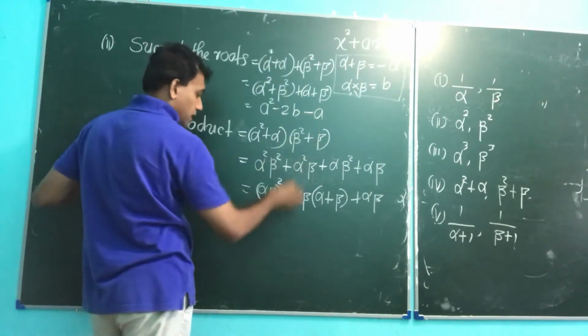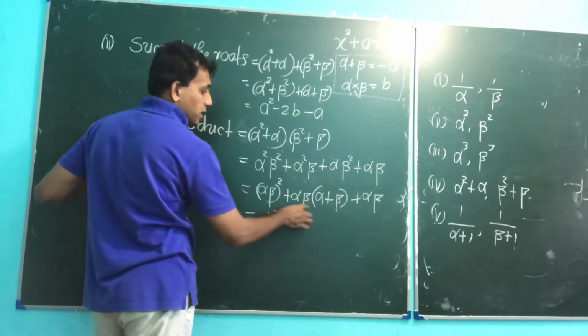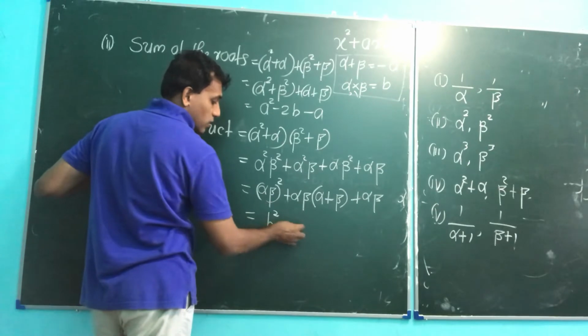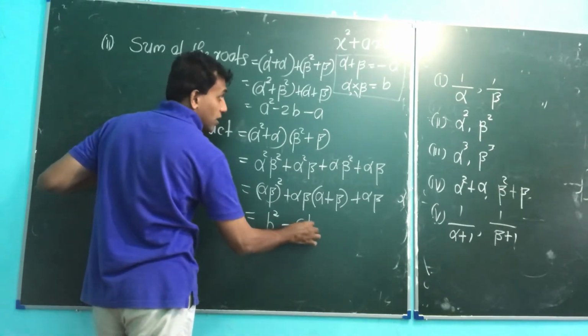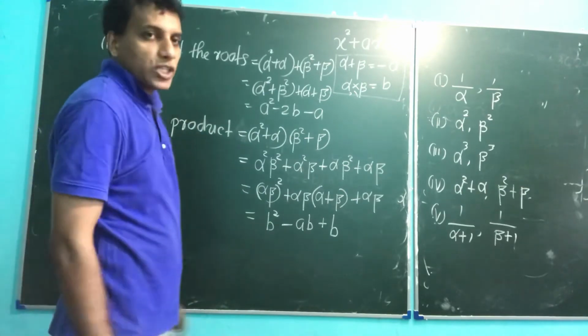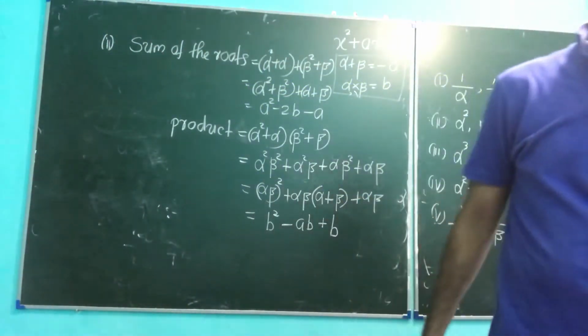Now we can apply the values. Alpha beta is b, therefore b square. Alpha beta is b, alpha plus beta is minus a, so plus into minus gives minus, okay? So b square minus a b plus b. Therefore you know the summation, you know the product, so you can write the required quadratic equation.